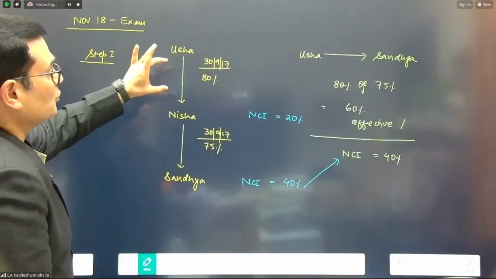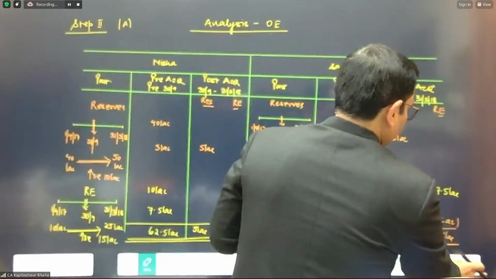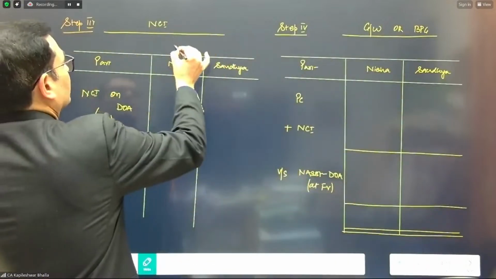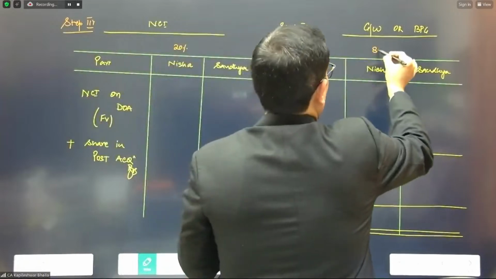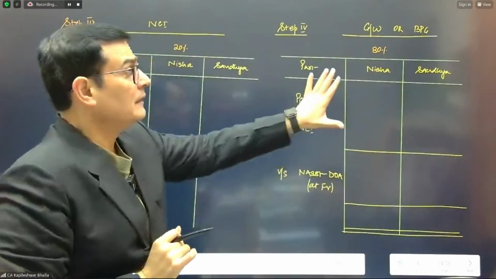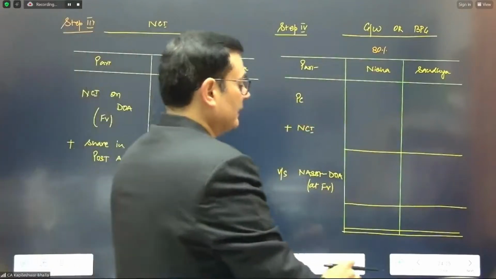We can see Usha in Nisha is 80 and 20. So let's go to Nisha. We can say that NCI is 20% and the parent company has got 80%. Get the percentages from step number 1.